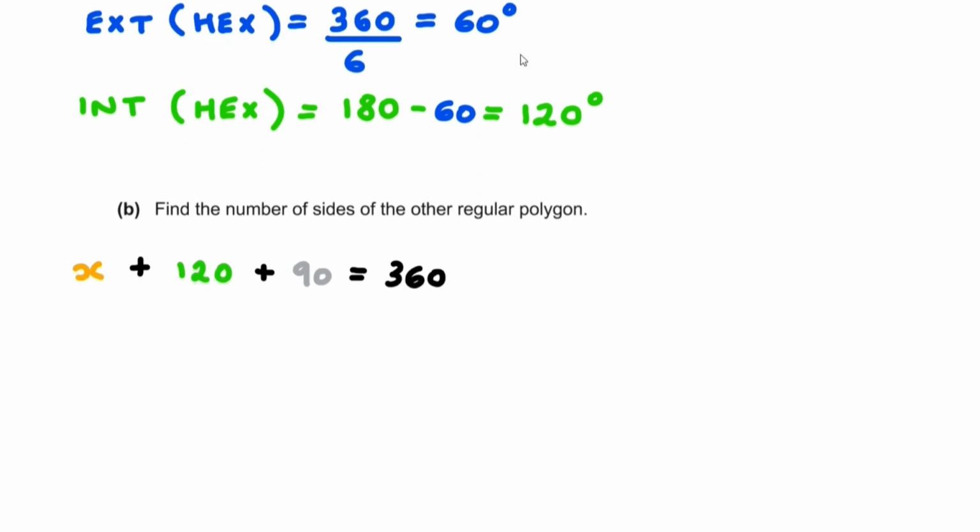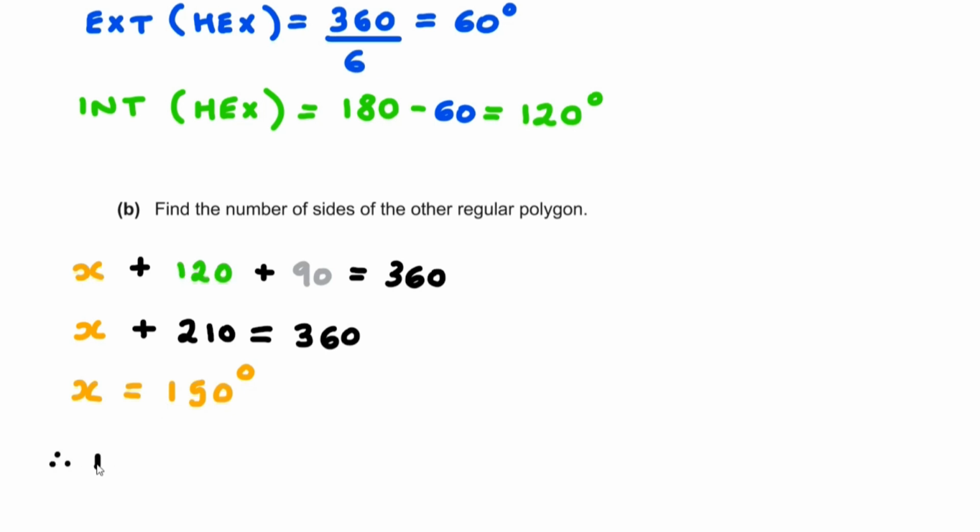So we have x plus 120 plus 90, which is 210, equals 360, which means x is equal to 150 degrees.